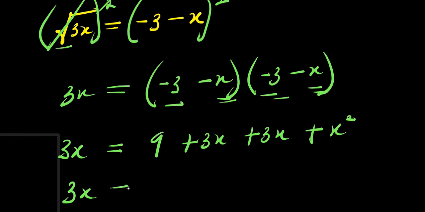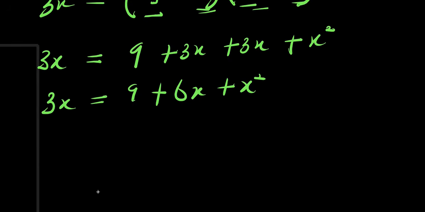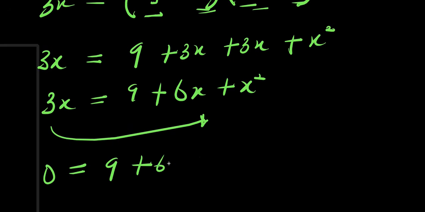So from here, 3x equals 9 plus 6x plus x squared. So what do I do here? I move this over here. This is 0 equals 9 plus 6x plus x squared minus 3x.